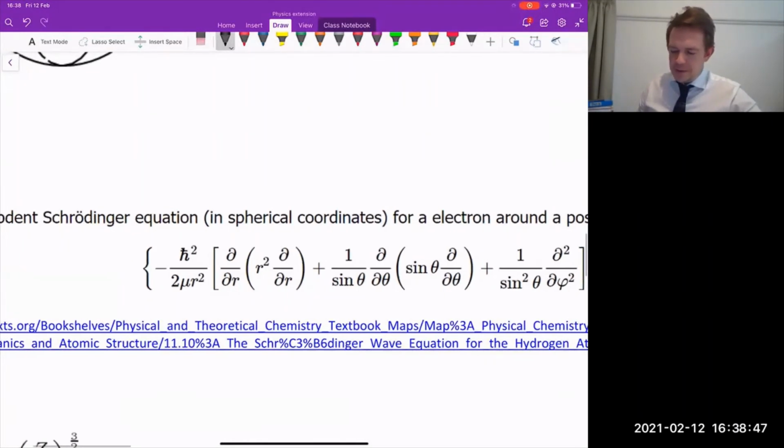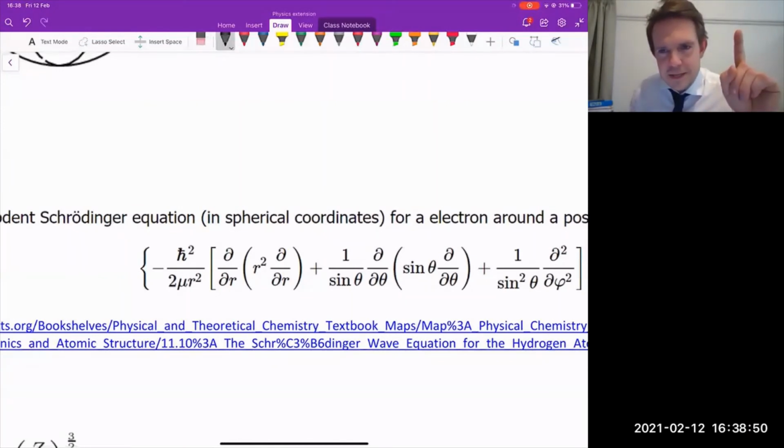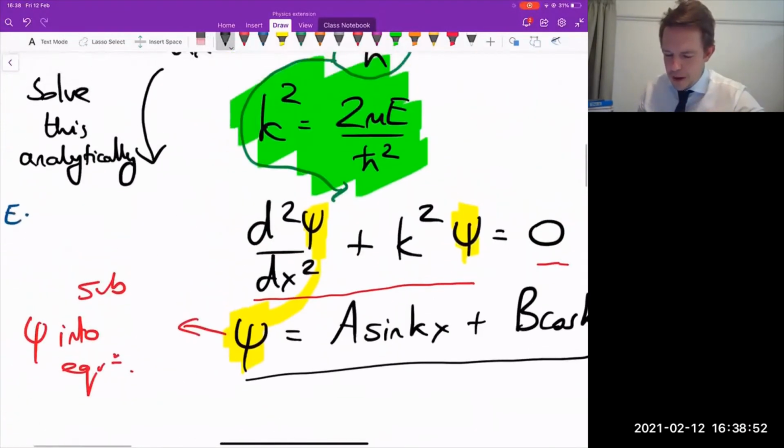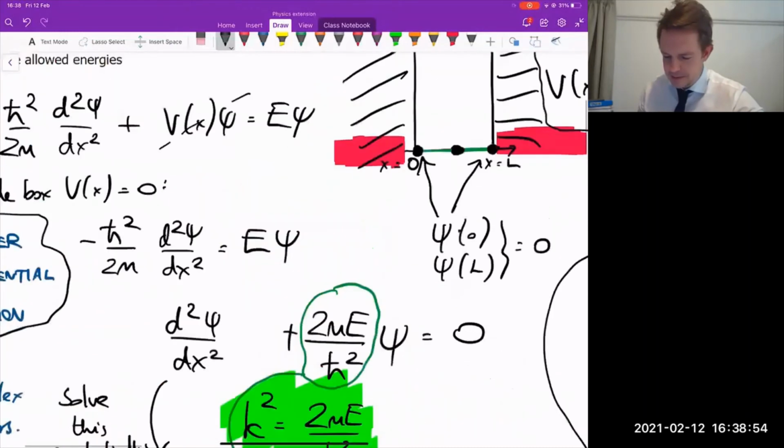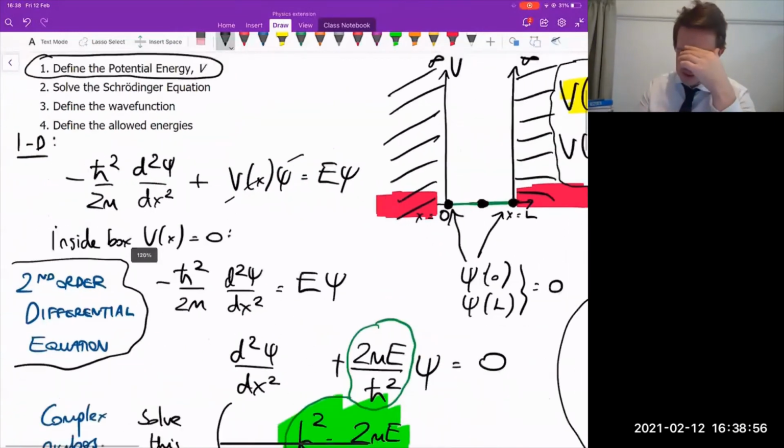There is one bit that looks familiar though. Take note, second years. This potential up here, Vx, was 0 in our situation.